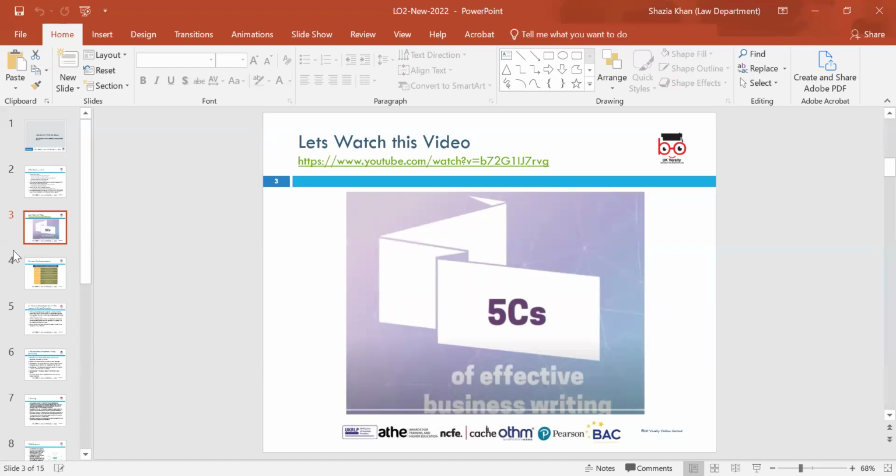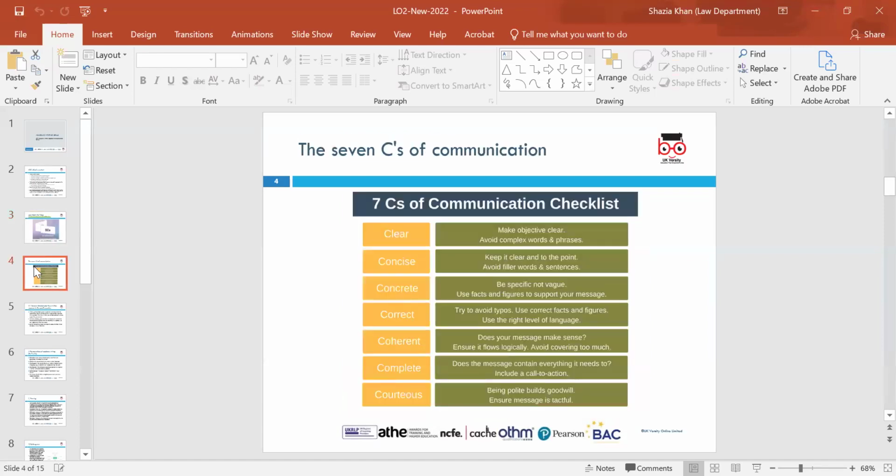Then we also looked at the 7 C's. Clear, concise, concrete, correct, coherent, complete, courteous. And we looked at the importance of each one of them and why there was a need to have one. Clear, making the objective clear.